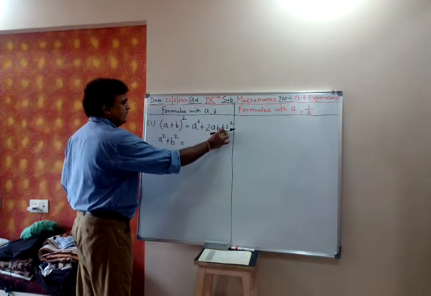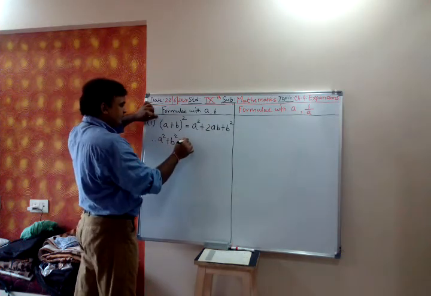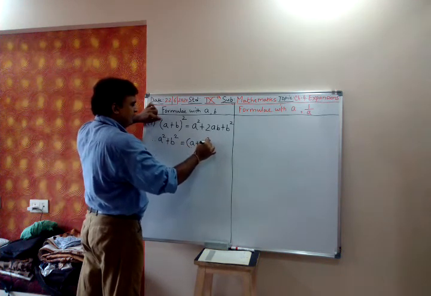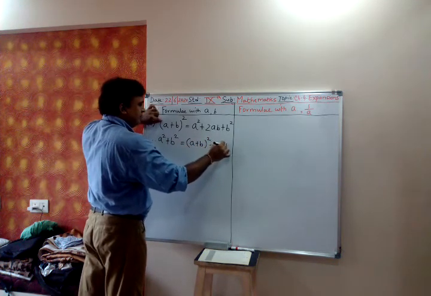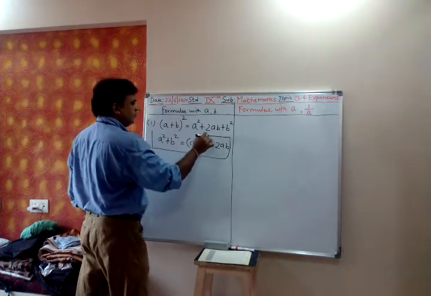A square plus b square is a plus b whole square minus 2ab.